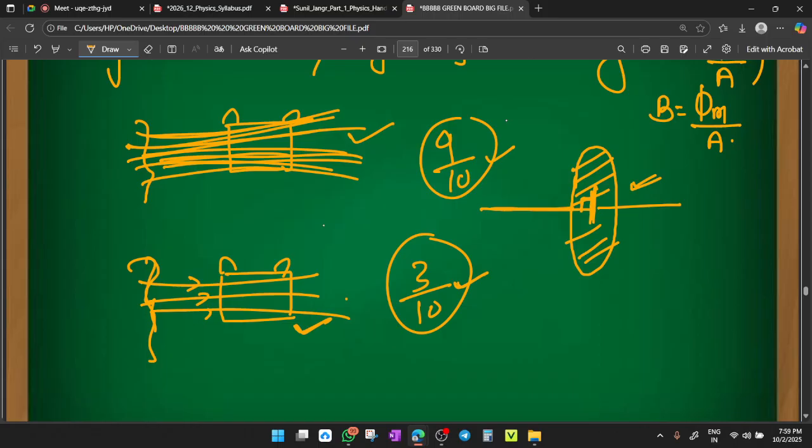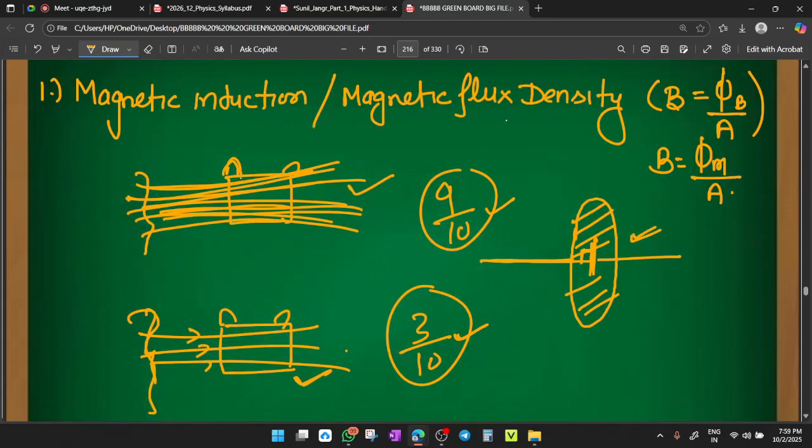So which will show the greater magnetic induction, the above one or the below one? Which sample is induced highly? Surely, the upper one.